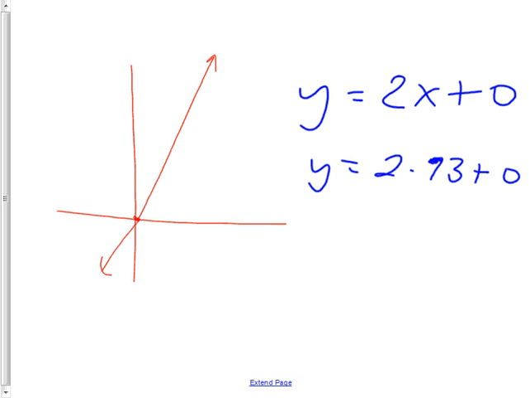I'm starting to write them with the tail on them like those Europeans do. So 2 times 13, final answer, Y equals 26. That's how you'd use the equation: they tell you an X value, and you stick it into the equation you found to get the Y value.